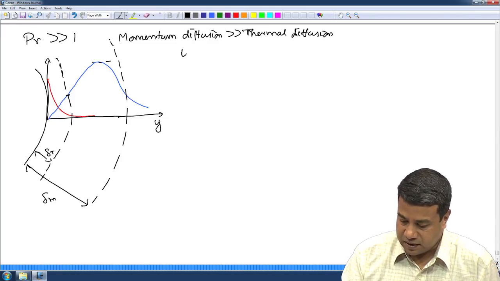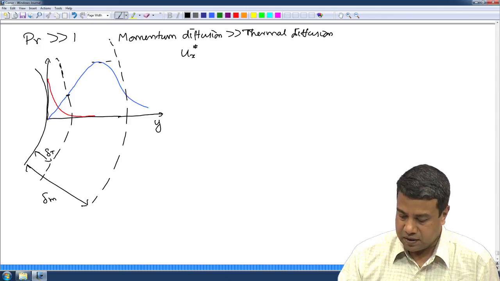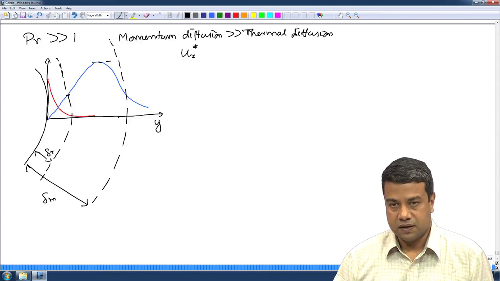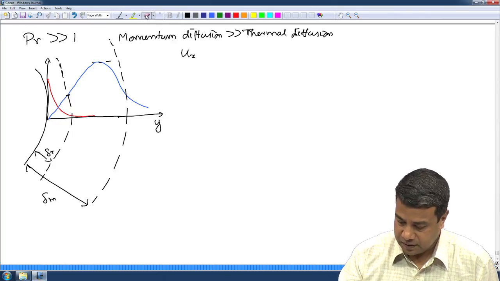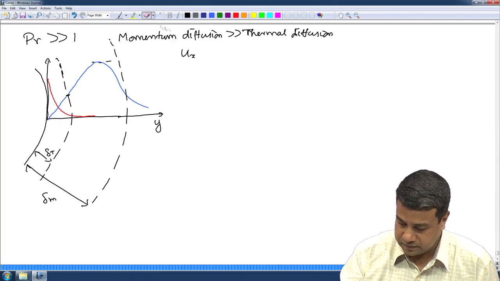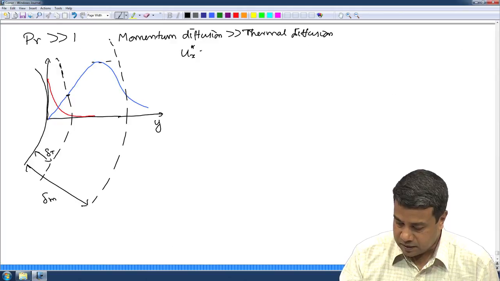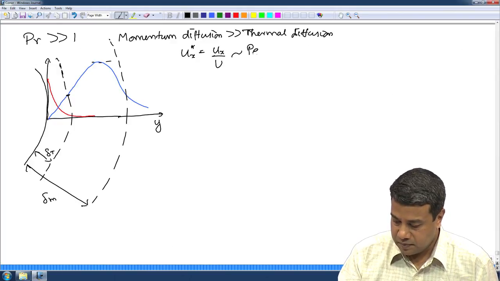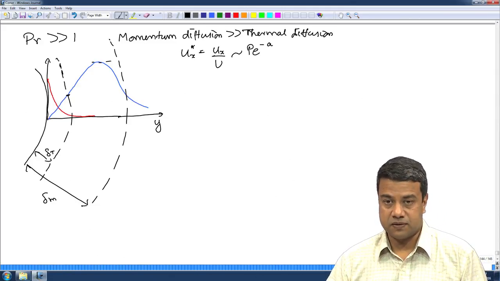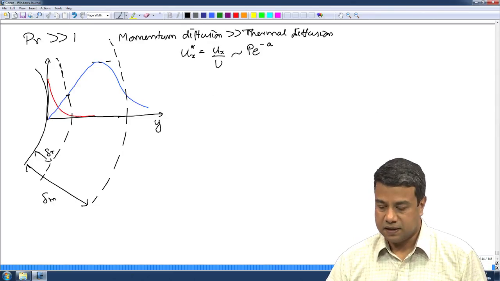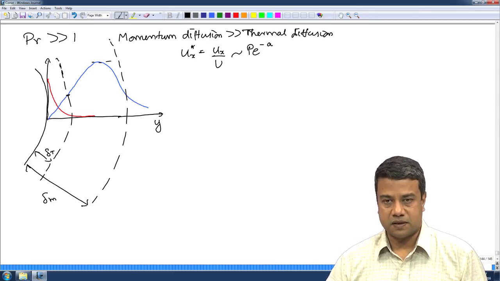Therefore, I can postulate that within the boundary layer, the velocity, which I have scaled, will go as Peclet number to some power, at the negative power, so that it is much smaller than the momentum boundary layer thickness in the limit as the Peclet number becomes large.